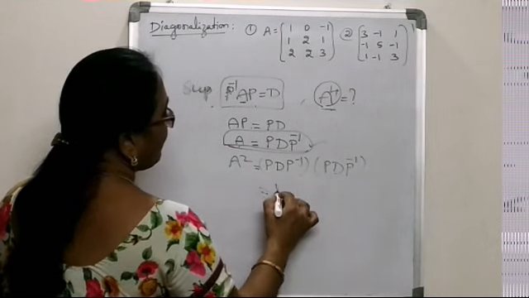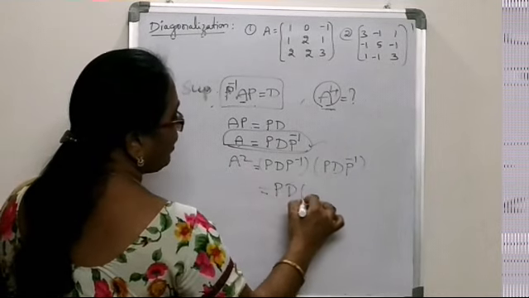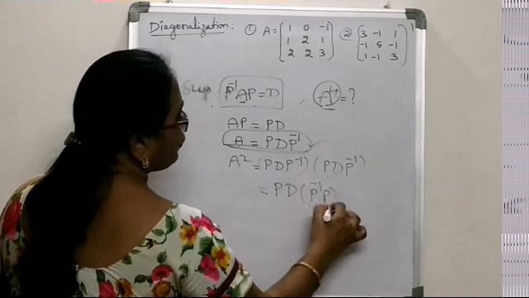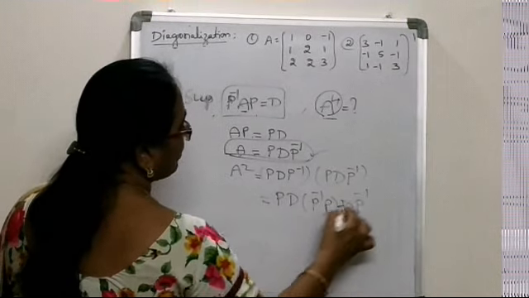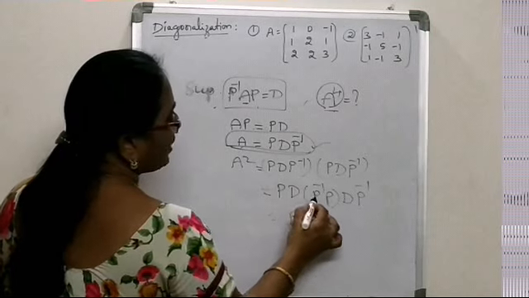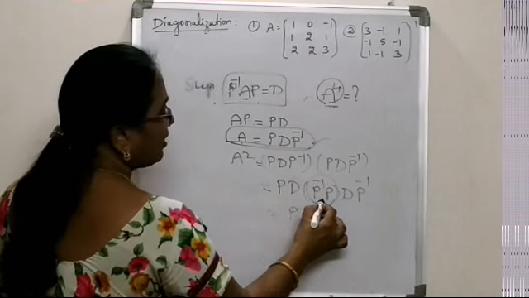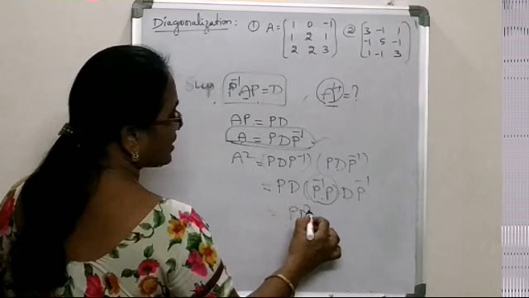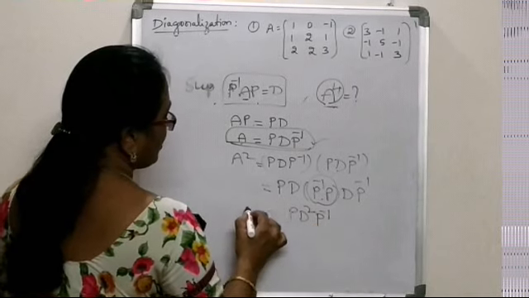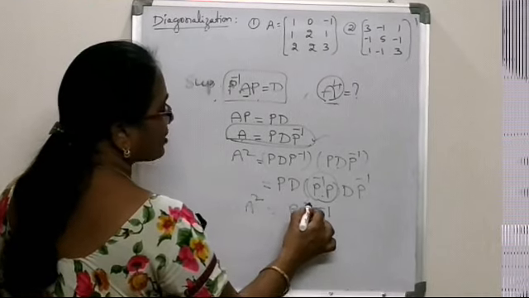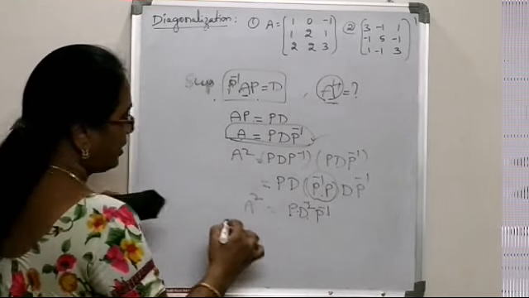In the middle, P inverse P is I, so D into D reduces to D square. A square becomes P D square P inverse.